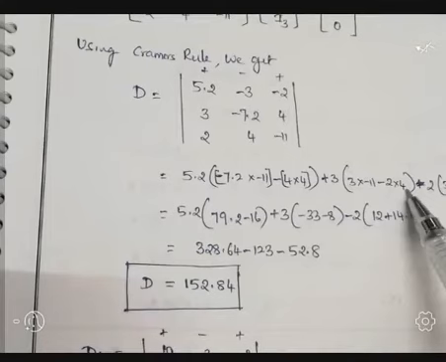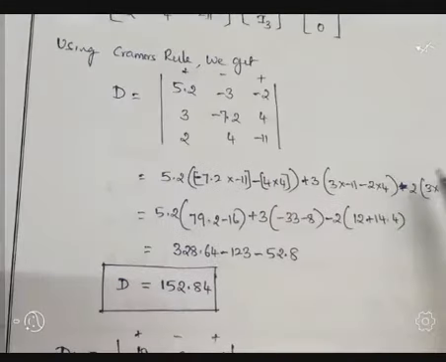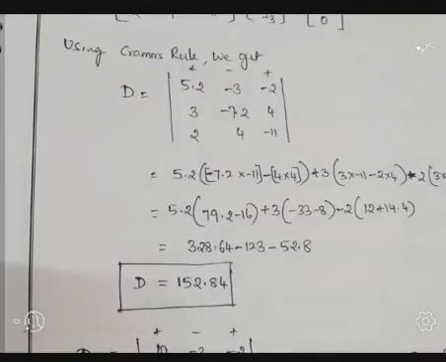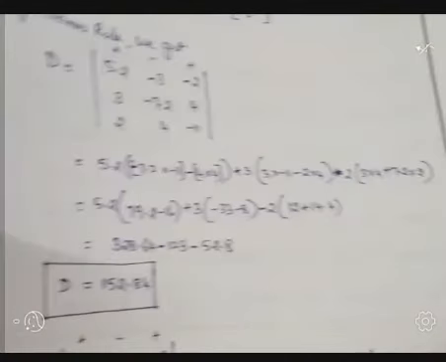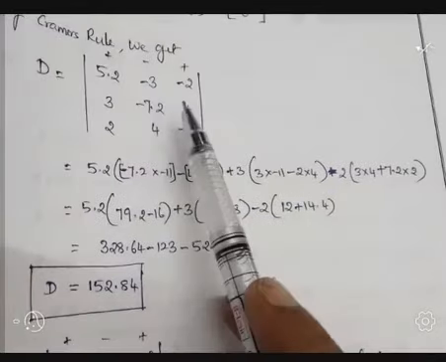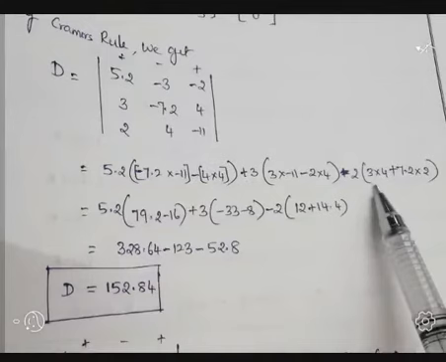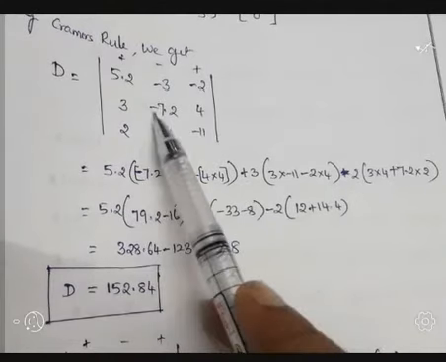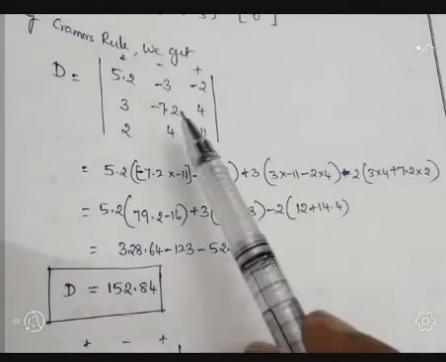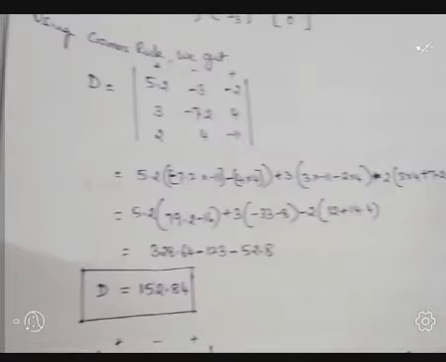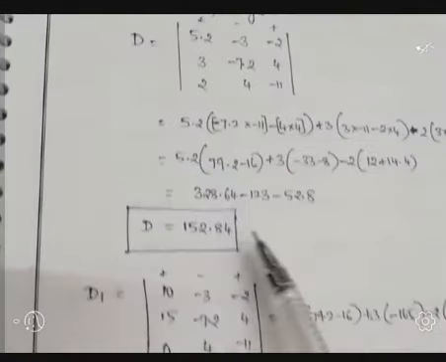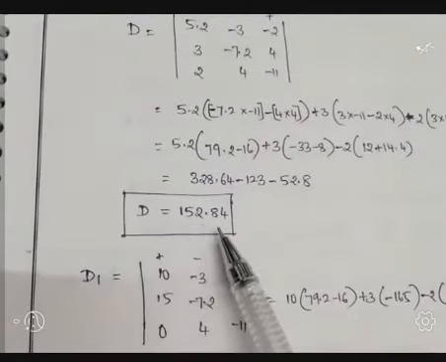Last one, plus into minus, minus 2, then leave this row and this column, and these are the coefficients, 3 into 4, minus into minus plus, 7.2 into 2. Do the simplification and you are going to get the value D equal to 152.84.